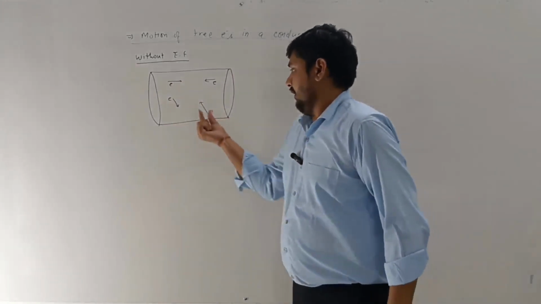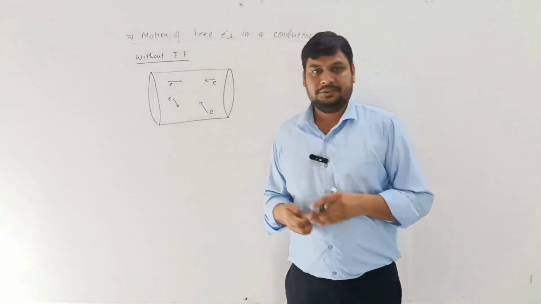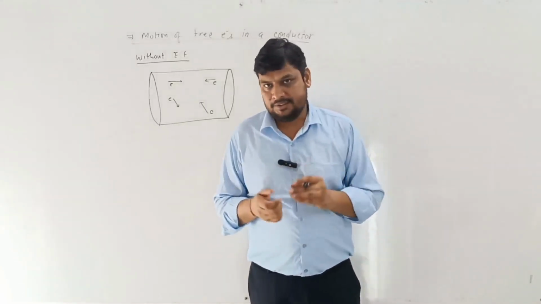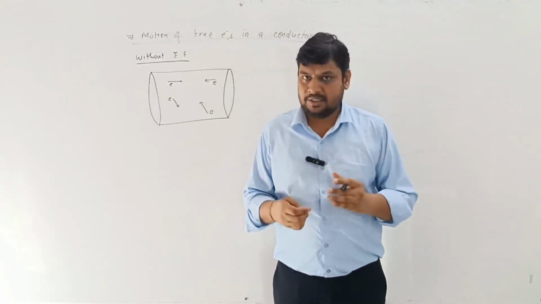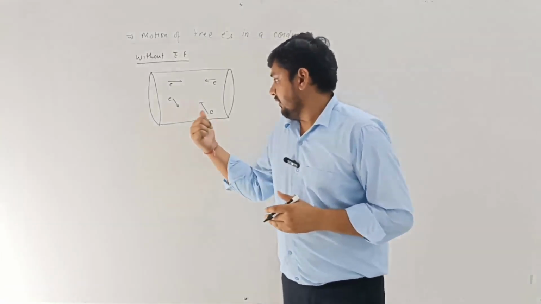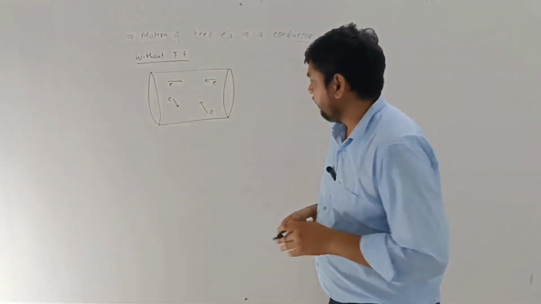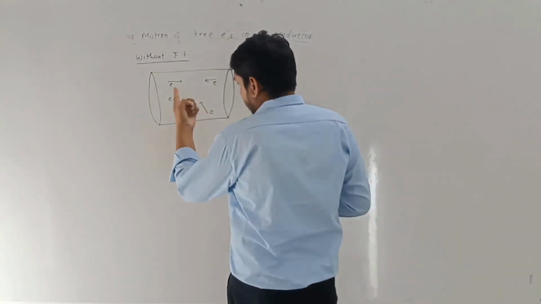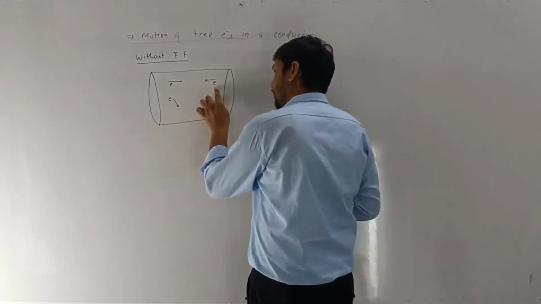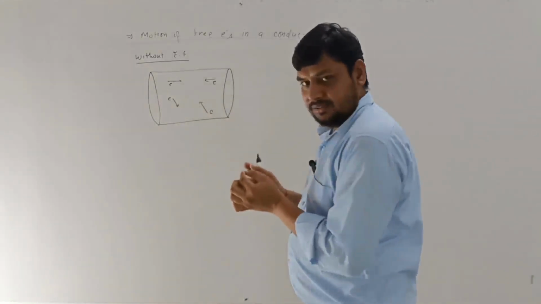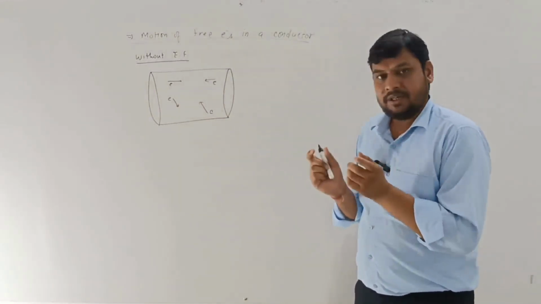Okay, in a conductor, the electric charges, means the electrons, collide with each other, and the path of electrons is always a straight line between collisions. Now if we talk about the average velocity of the electron, if we consider the velocity of this electron is v, then the velocity of this electron is also v, and they cancel each other's effect by colliding.